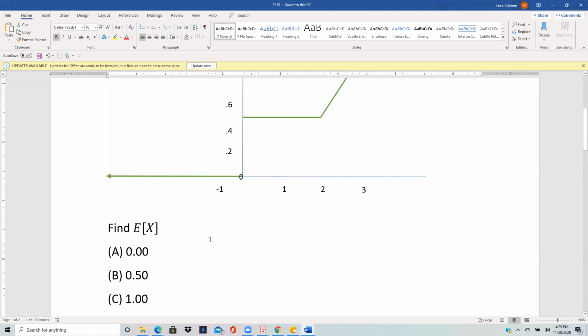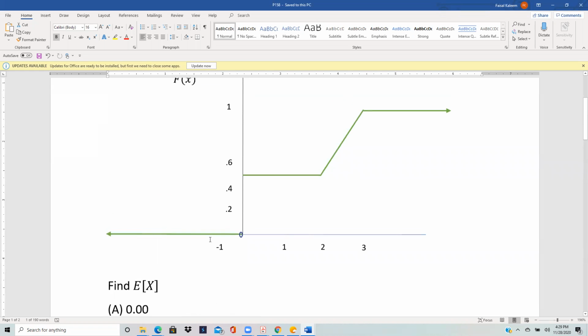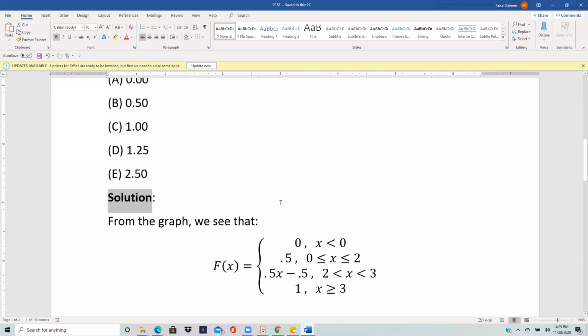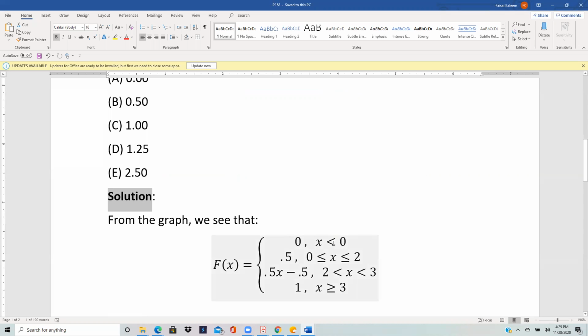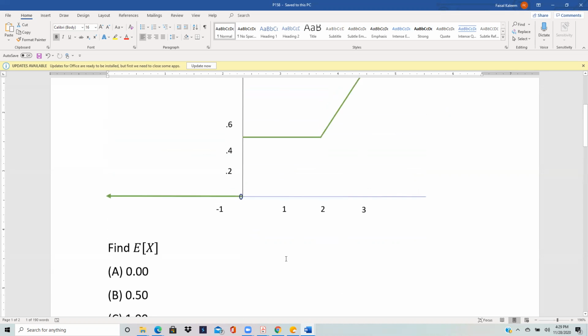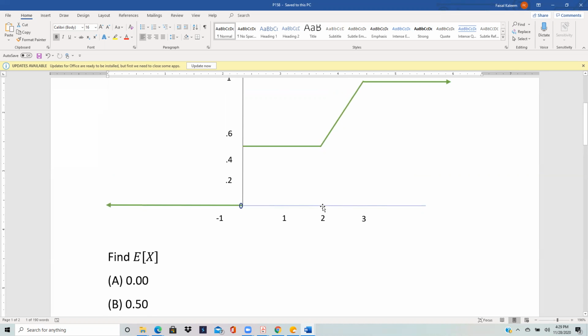Or let's first write down the equation for this graph. It's 0 when x is less than 0. So the graph is for the CDF. And the CDF is 0.5 when x is between 0 and 2.